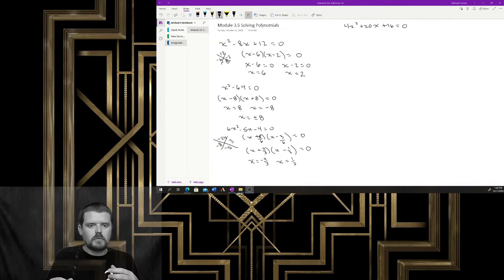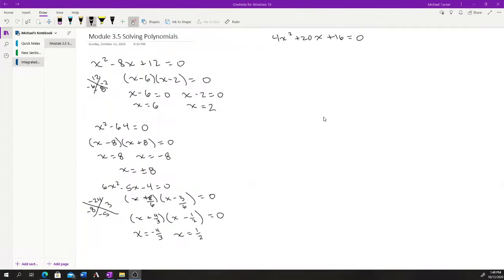I'm going to have smaller numbers to work with. So if I do that here, I see that 4, 20, and 16 are all multiples of 4. So I'll divide out that 4 to give me x squared plus 5x plus 4. And these are much smaller numbers to work with. The numbers that multiply to get 4 but add up to 5.